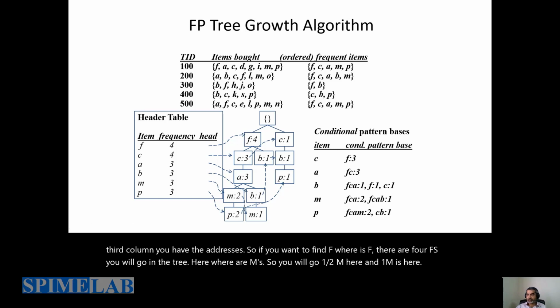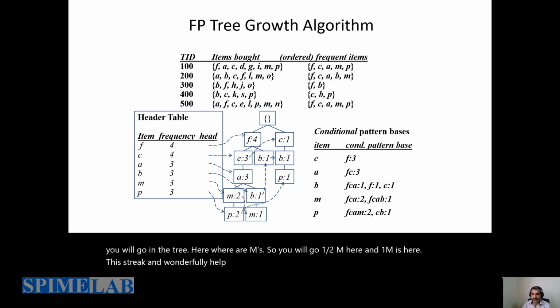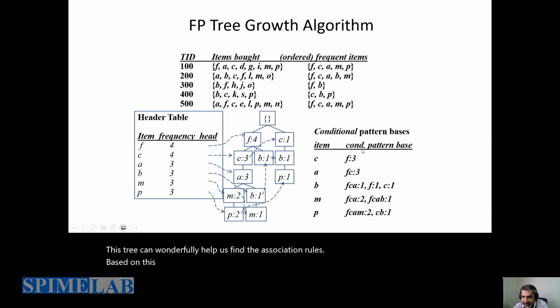This tree can wonderfully help us find the association rules. Based on this tree, we will create a conditional pattern base. A conditional pattern base is unique items in one column and the pattern base in the other column. So look at this. If we see C, for this C item, we want to find the pattern base.